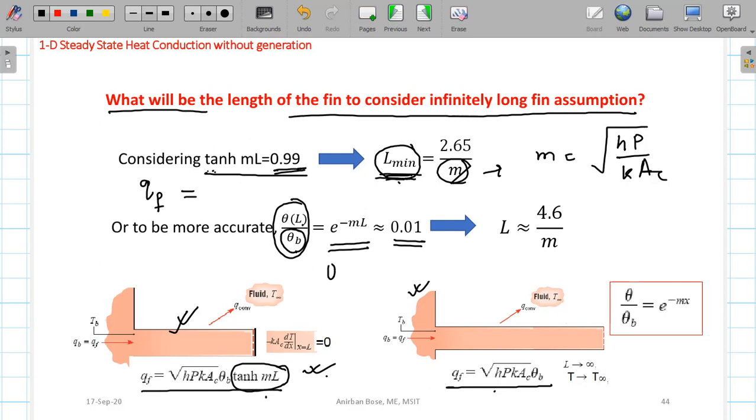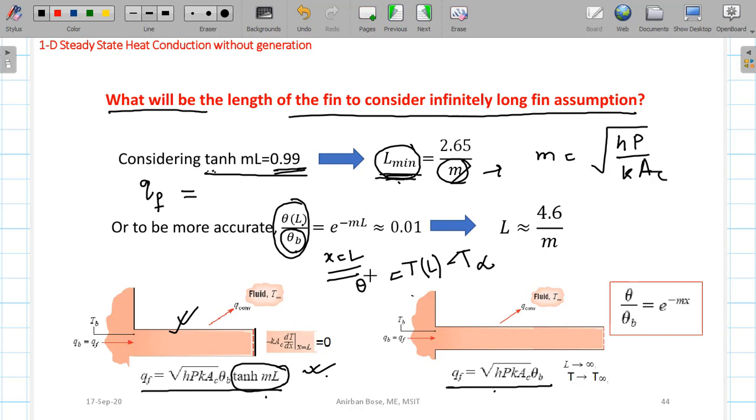Sorry, let me explain what I mean. At x equal to L, theta at x equal to L is T at x equal to L minus T infinity, that is, T_L minus T infinity.